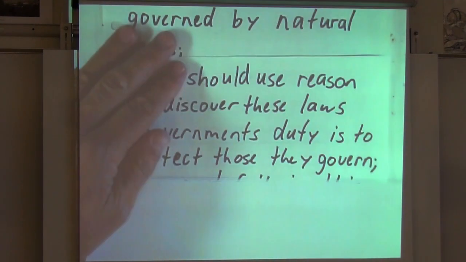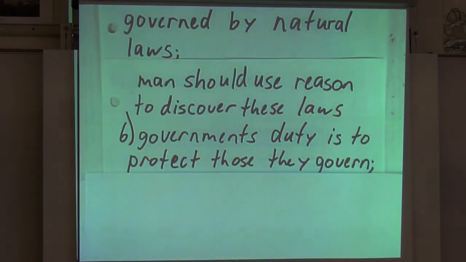All right? Something that the Philosophes also believed was this concept of what is government's duty? Government's duty is to protect those they govern. They looked at history and said that governments, and they were right, have really not been good to the ordinary folks, to the people that they govern.